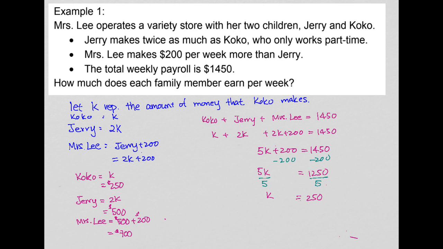So therefore, you will say Coco makes $250, Jerry makes $500, and Mrs. Lee makes $700.